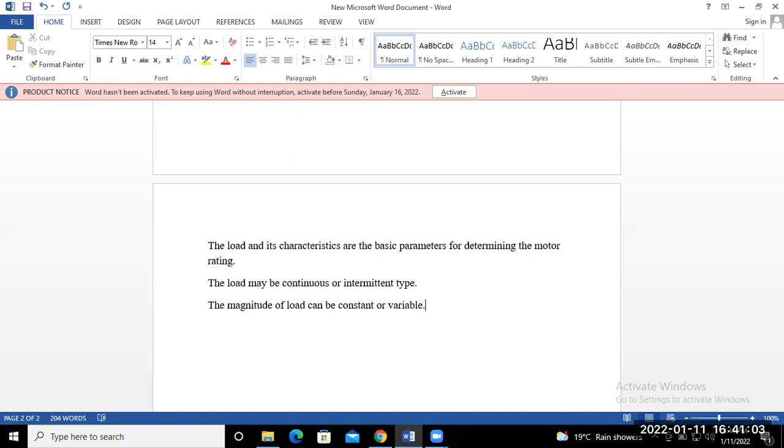So these are the parameters you have to consider when you are going to drive particular loads, and for those loads you choose the particular electrical motor. So you have to consider all the parameters.